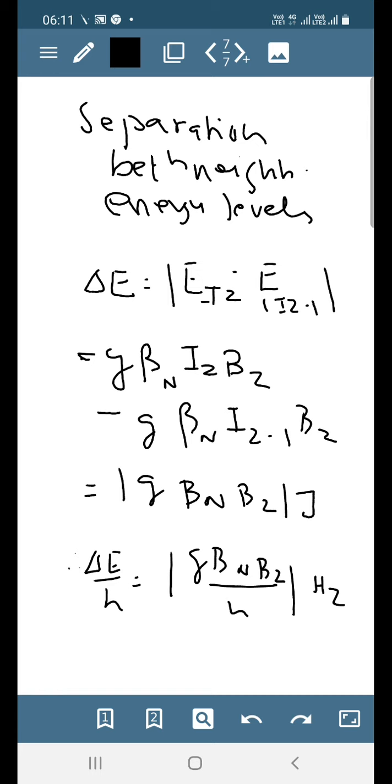This is the basis of the spectroscopy technique. So what is happening here? It is a transition of electrons or nuclear spins between energy levels.